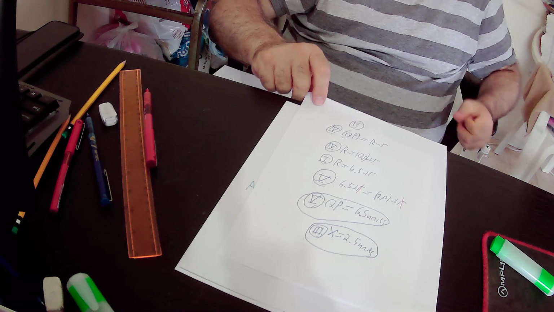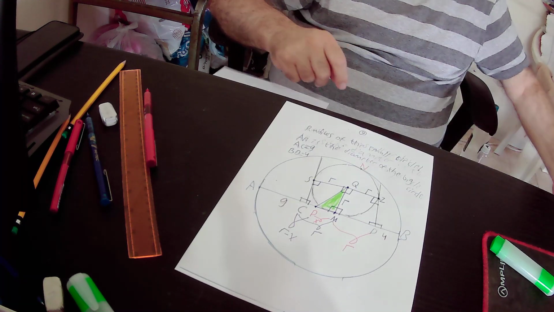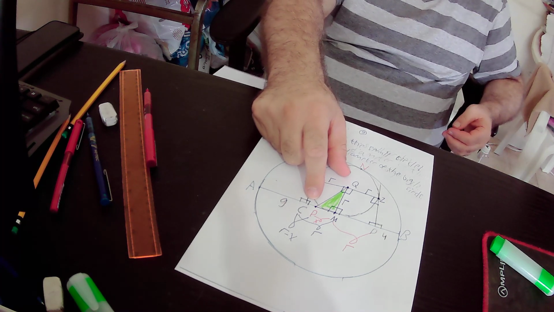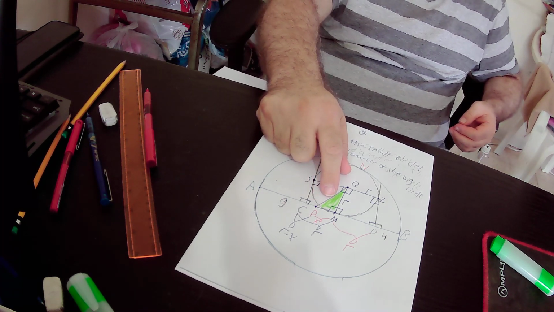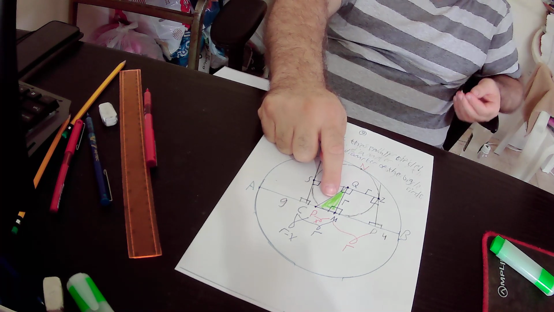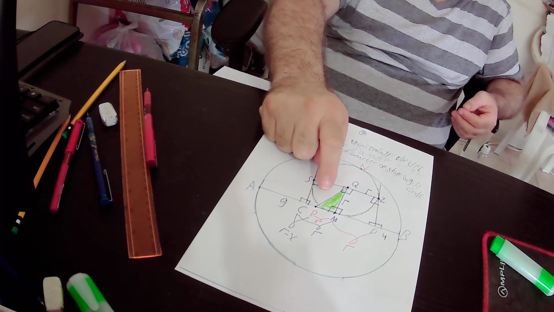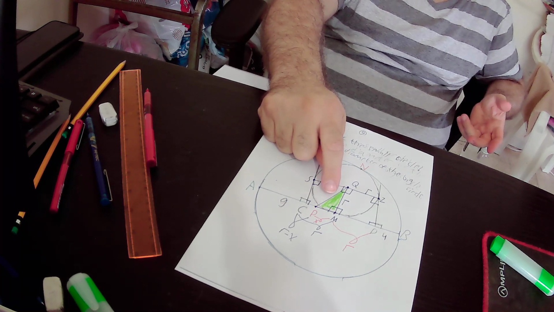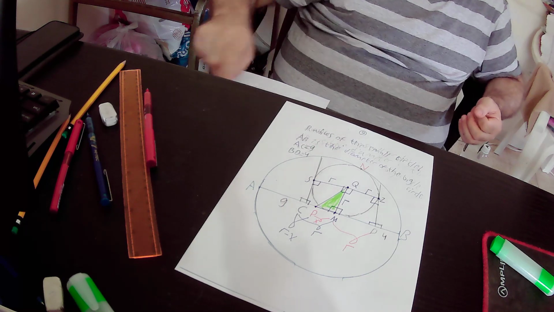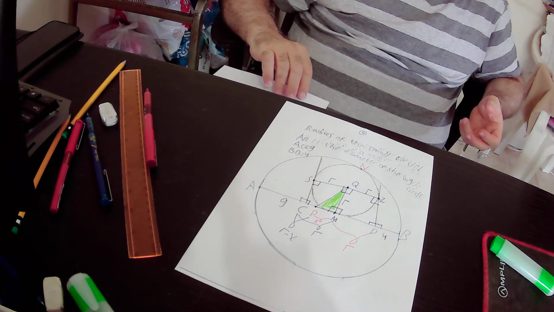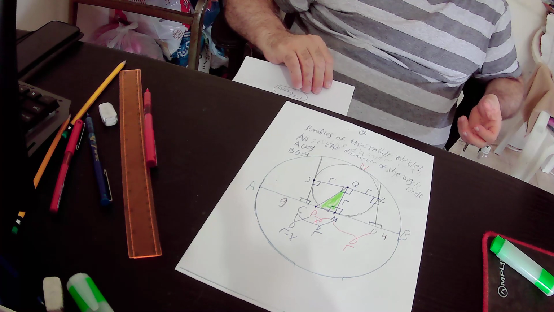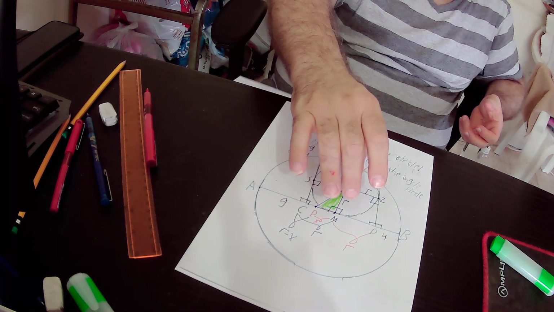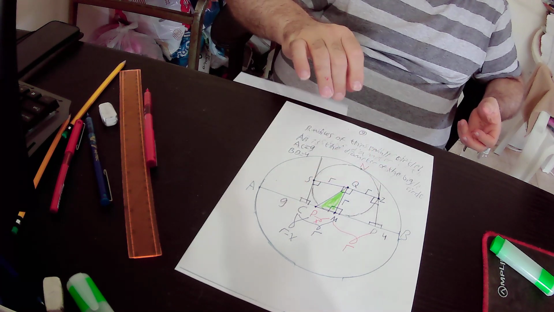Then we connected points Q and P by a straight line, and we have the green triangle that is a right triangle because angle QMP is a right angle. So triangle QMP is a right triangle, so we can implement the Pythagorean theorem in it. According to the Pythagorean theorem, the square of the hypotenuse equals the sum of the squares of the perpendiculars.